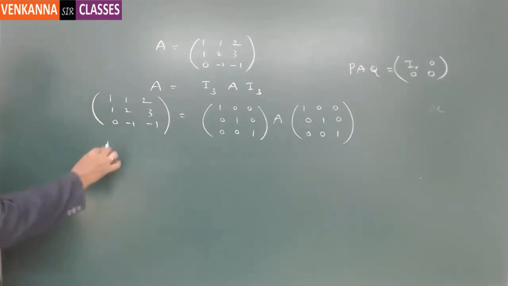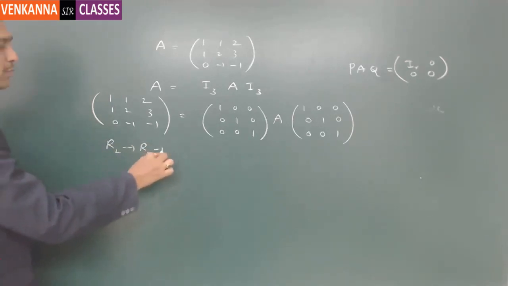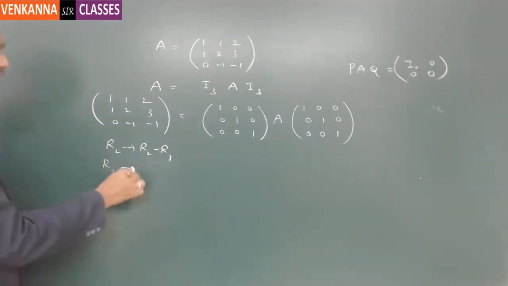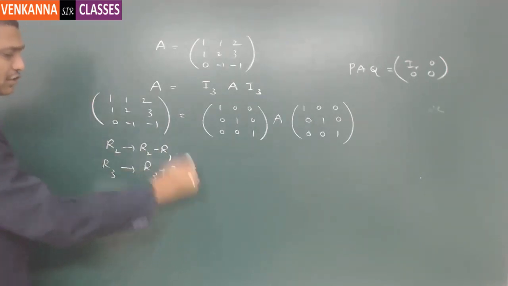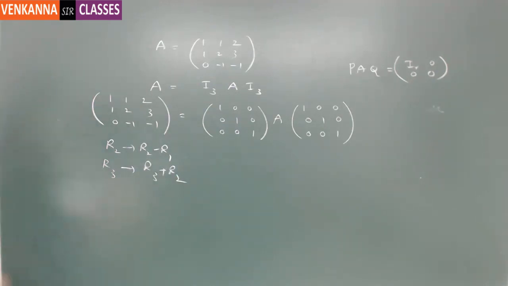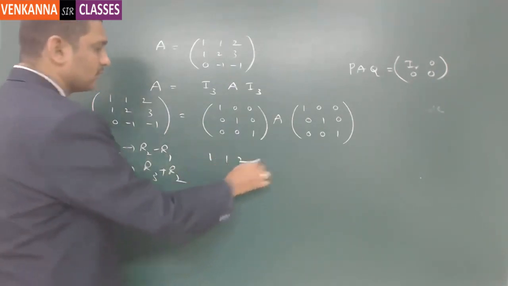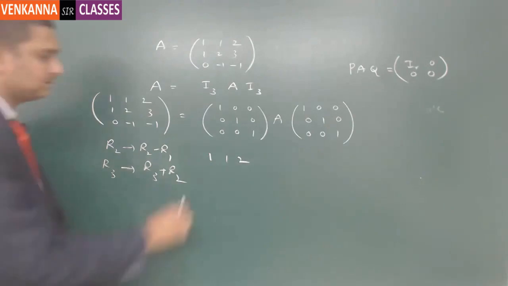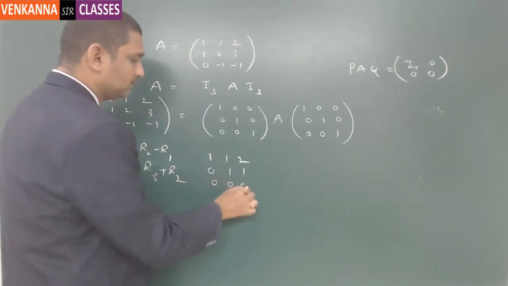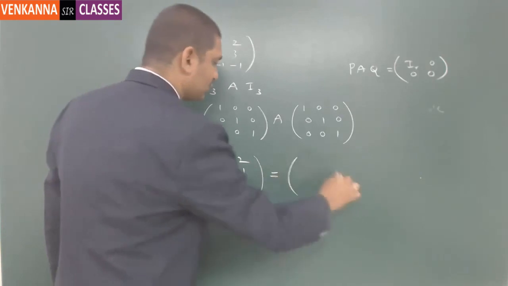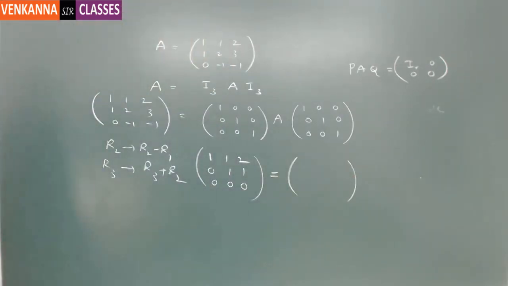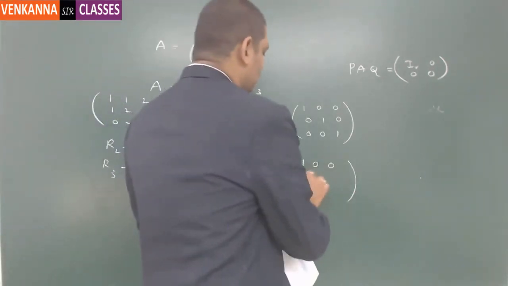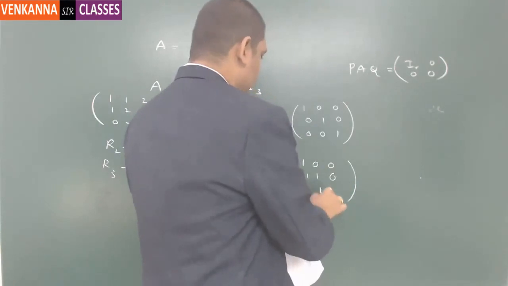So if we do R2 tends to R2 minus R1 and subsequently R3 tends to R3 plus R2, then it will become 1, 1, 2, 0, 1, 1, 0, 0, 0, equals, here you will get the matrix of the form 1, 0, 0, minus 1, 1, 0, minus 1, 1, 1.